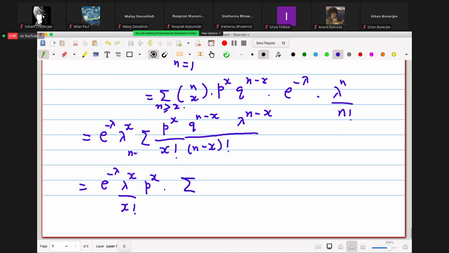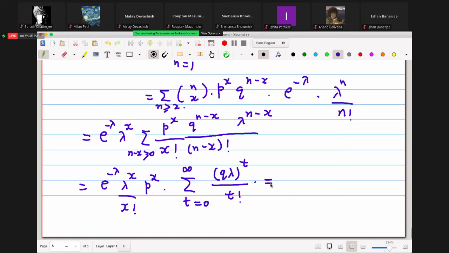So n minus x bigger than or equal to 0. Now put t. Then I have this t factorial, q times lambda whole power t. Correct? Yeah, p power x had been pulled out. And t goes from 0 to infinity.